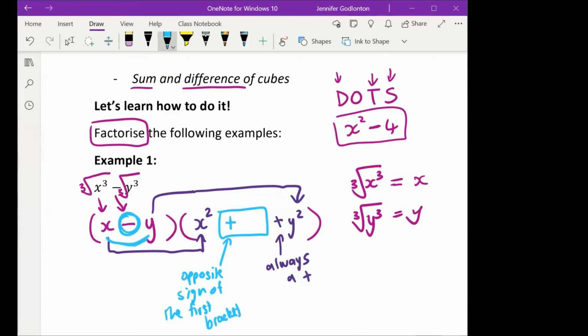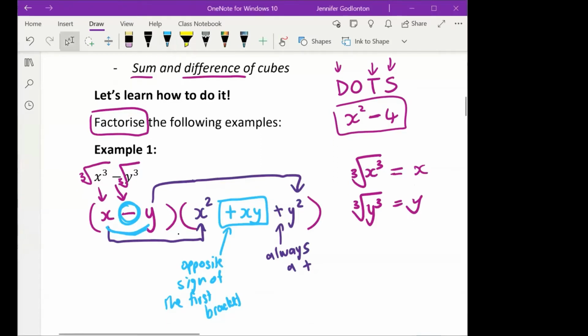So we say x times y, which is xy. And that's how we work out a difference or sum of cubes. So we say x minus y, and then open brackets, x squared plus xy, because it's the multiplication of x and y, plus y squared.